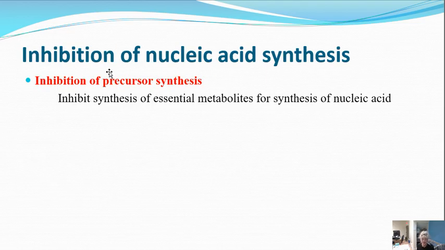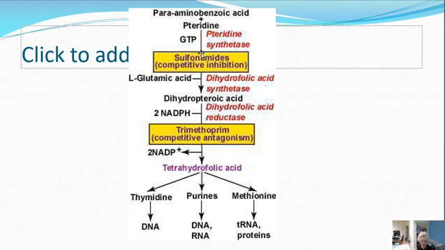Inhibition of nucleic acid synthesis. So the inhibition of precursor synthesis inhibits synthesis of essential metabolites for synthesis of the nucleic acid. So para-aminobenzoic acid, here's your sulfonamides through competitive inhibition of dihydropteroate synthetase.